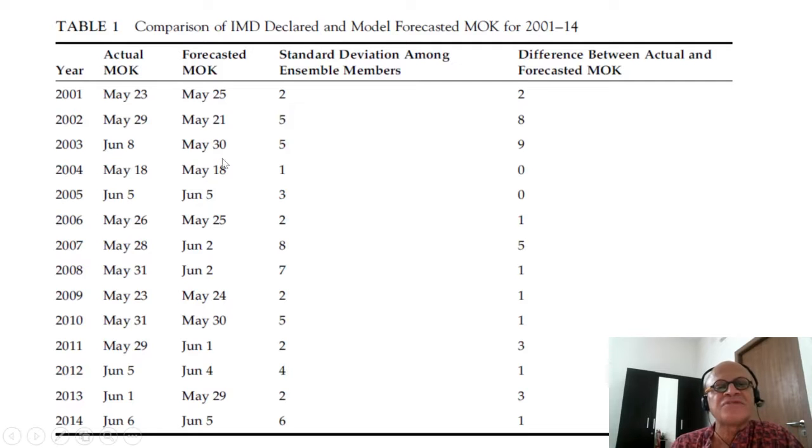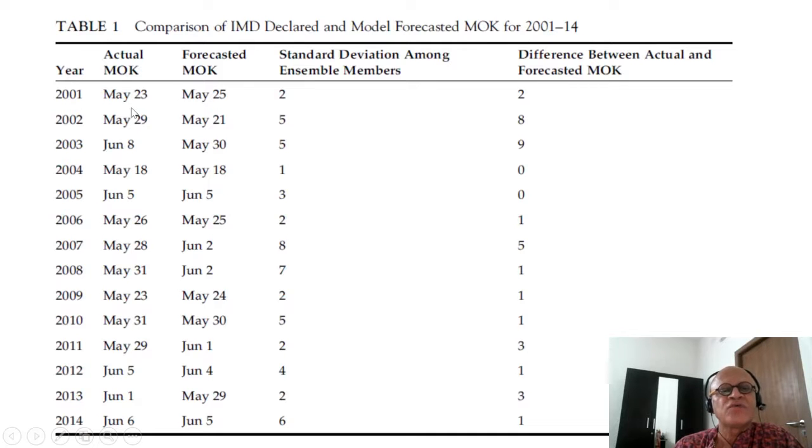Last year was on time. This year is supposed to be a day or two early. Then there is the forecasted monsoon onset over Kerala, and you can look at the standard deviation among the ensemble members to see if there is a relation between the delay or the difference between observed and forecasted, or declared and forecasted.